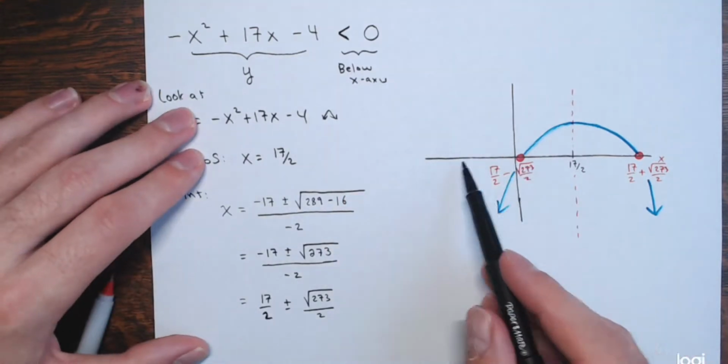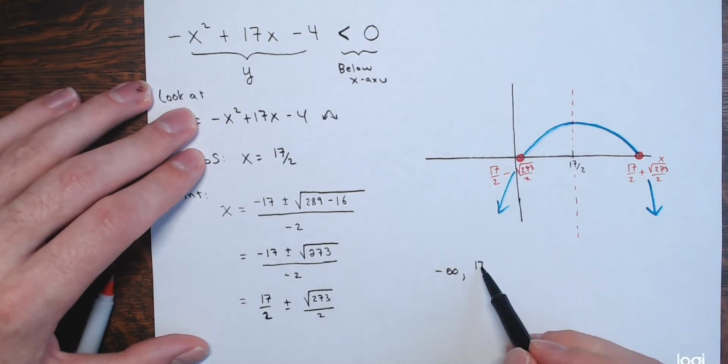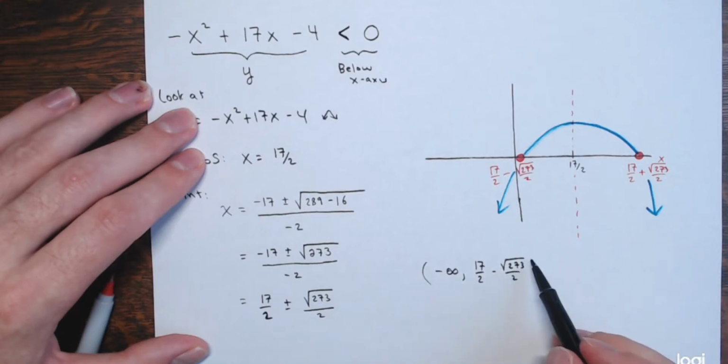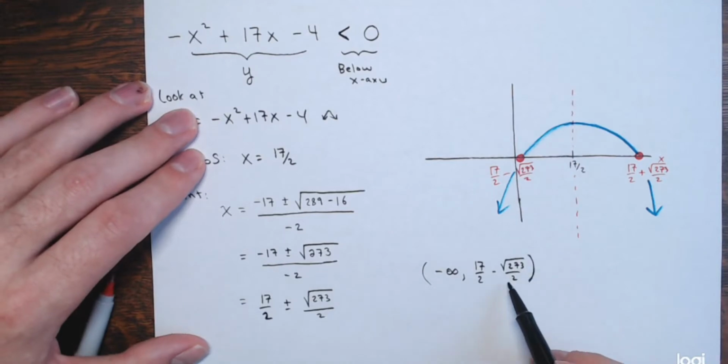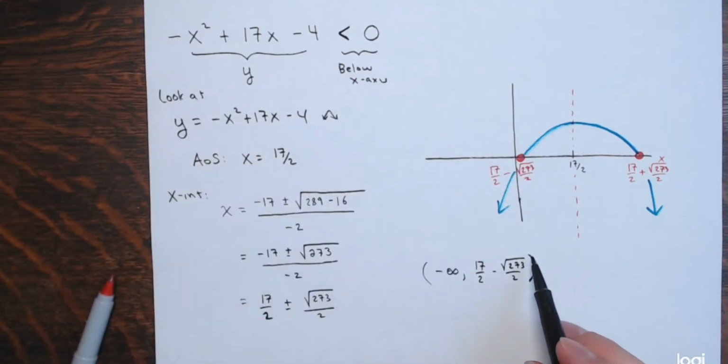So that's these values here, from negative infinity up until 17 halves minus the square root of 273 all over 2. And that's not a solution because it makes the value equal 0, not less than 0, so I'll put parentheses on that.